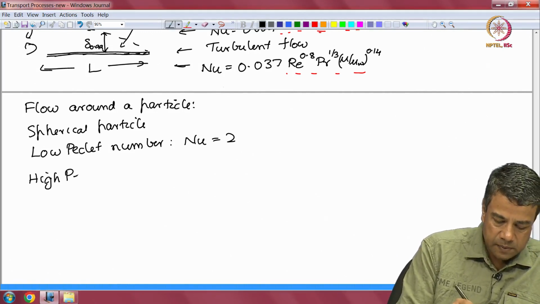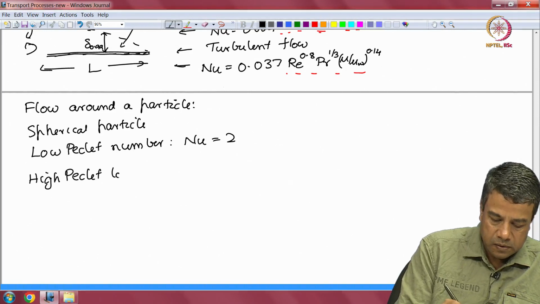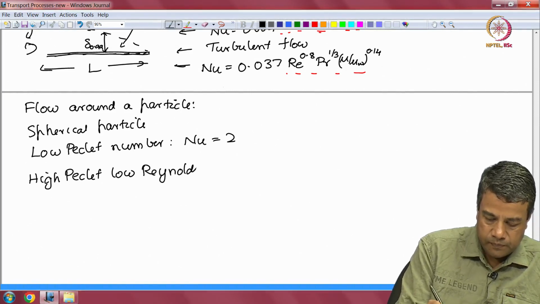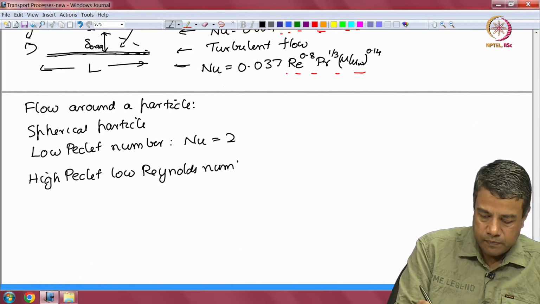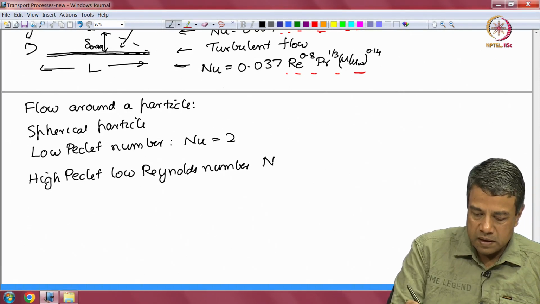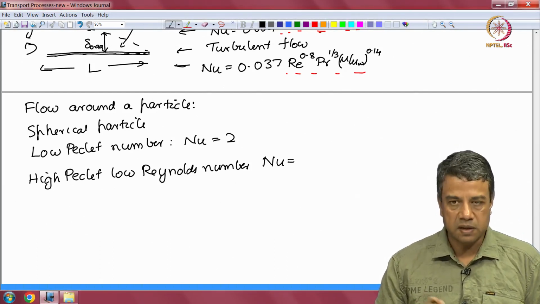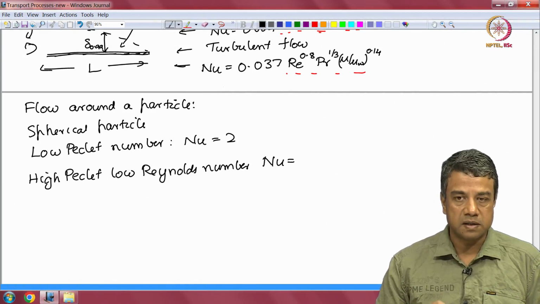High Peclet, low Reynolds number. In this case you can actually derive this. I told you that the transport coefficients go as Peclet number to the 1/3 power when you have a no slip condition at the surface.